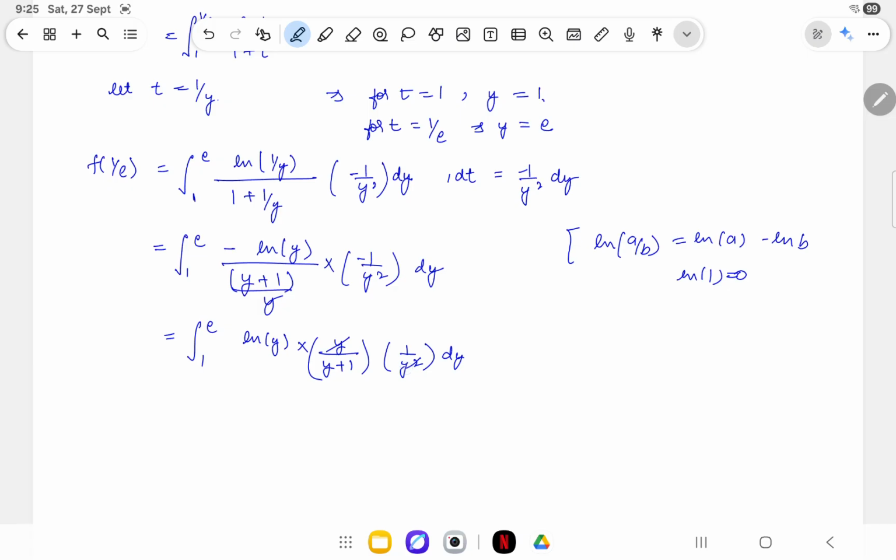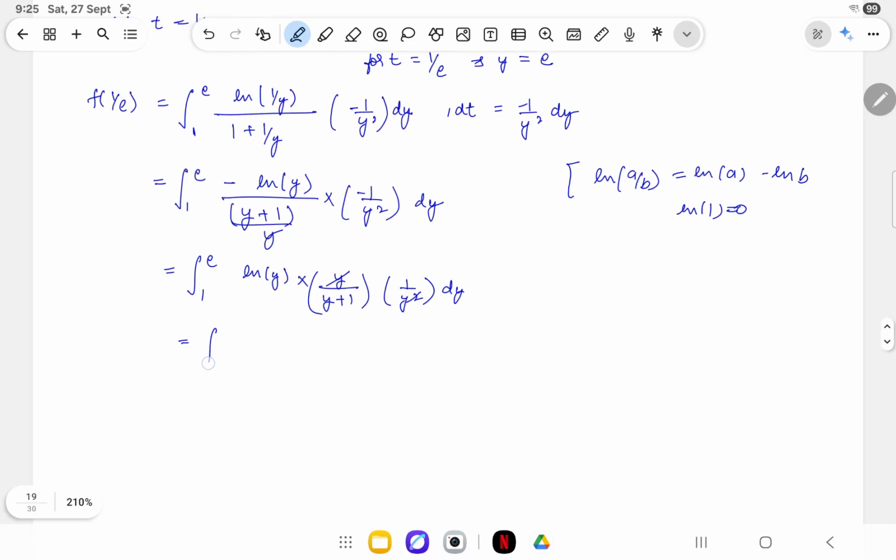This y balances out one power in the denominator, so we'll get integration from 1 to e of ln y divided by y into 1 plus y dy.